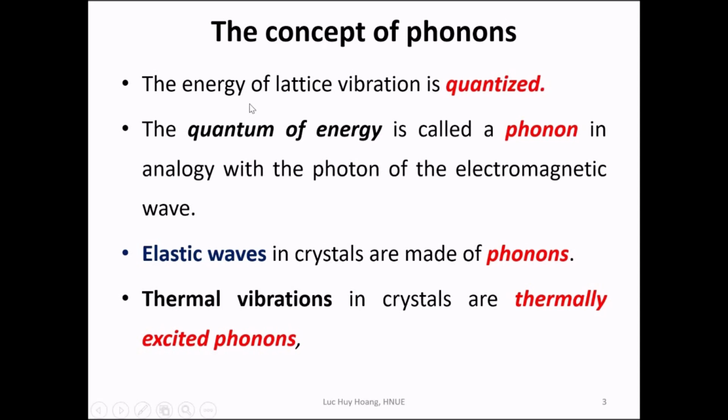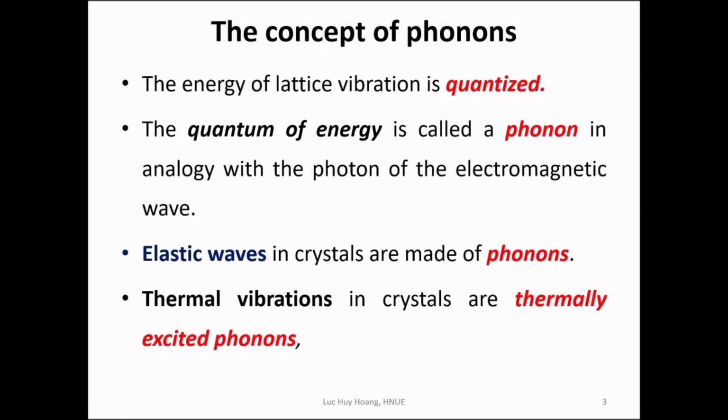Because the energy of lattice vibration is quantized, and the quantum of the energy we call the phonon. The phonon is similar to the photon in the electromagnetic wave, but for the vibration we call it the phonon. And the elastic wave in crystal is made of phonons.